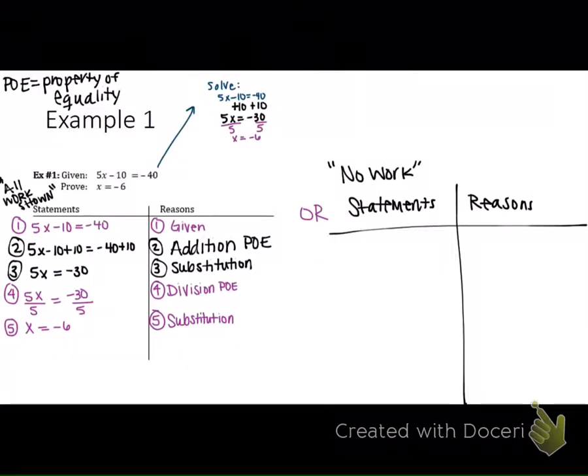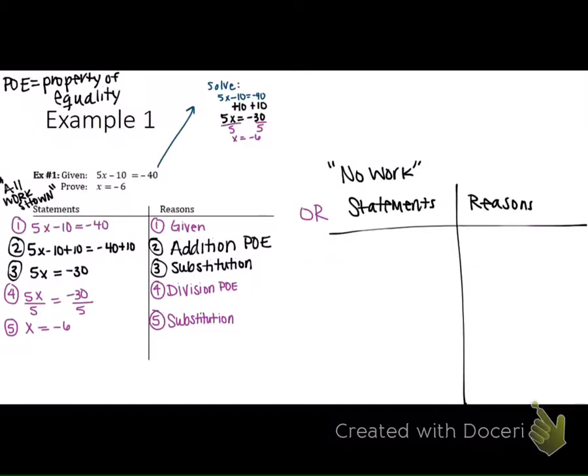I do not care which way you do it on your homework as long as what you're doing is correct. Does that make sense? I'm giving you multiple ways to do things because some people like to show their work. But this is why I tell you guys to do the work off to the side, because then you really don't have to show your work in the proof.